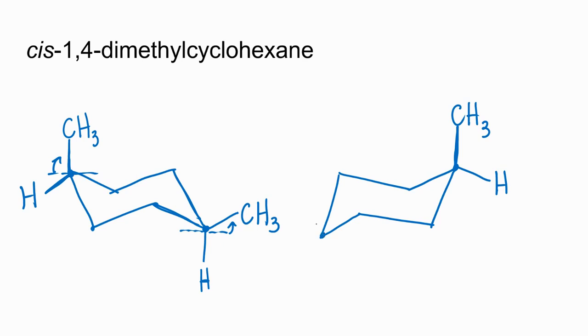That methyl that was axial becomes equatorial, and the hydrogen is now axial. And so what we have here is 1 axial methyl, 1 equatorial methyl. When we flip it, 1 equatorial methyl, 1 axial methyl. We've got 1 of each, and these 2 conformations are going to be of equivalent stability. And we'll draw an equal arrow between the 2 of them.